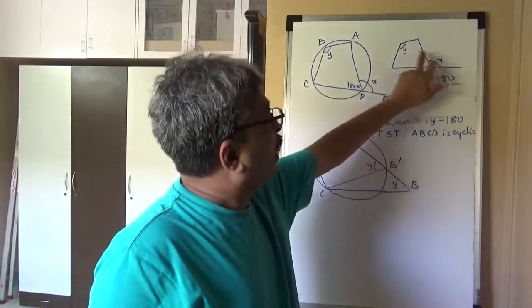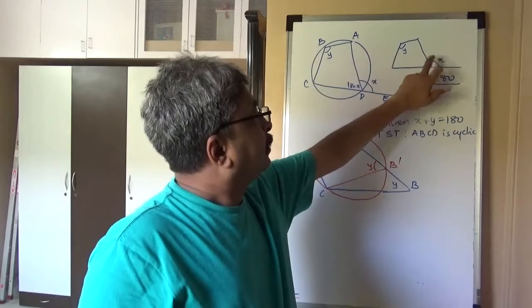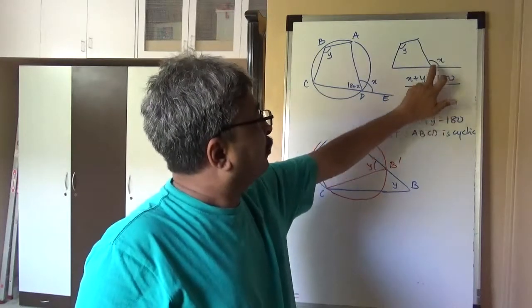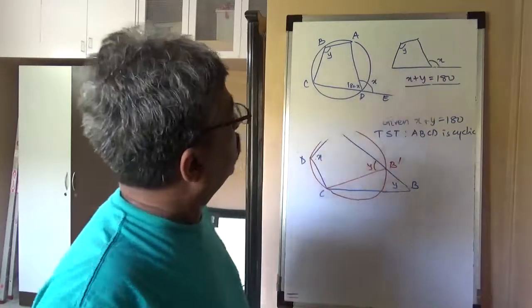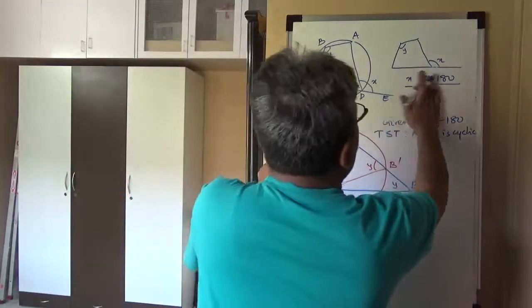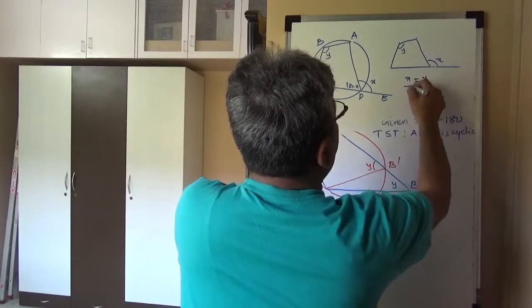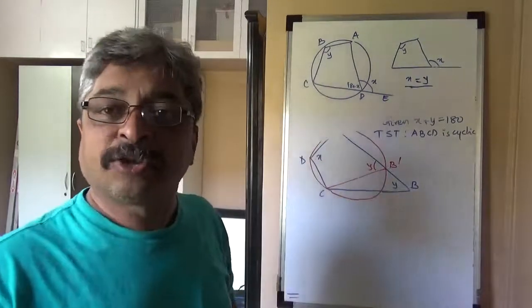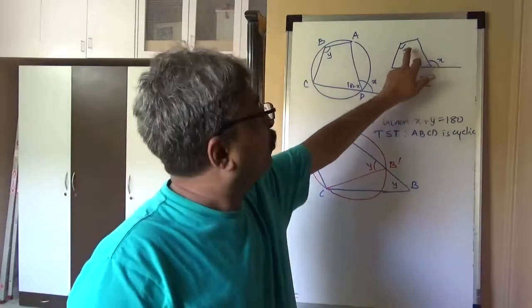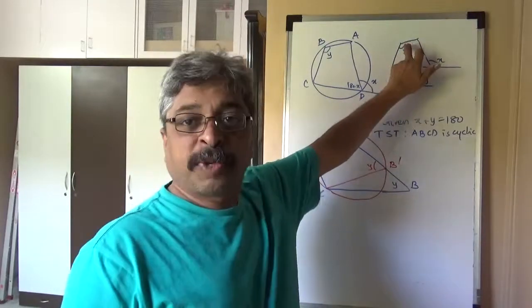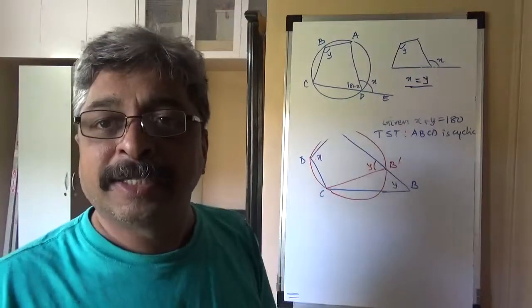That is what is given, x is equal to y, then the quadrilateral has to be cyclic, because then this is 180 minus x, x is equal to y, so 180 minus x plus x is equal to 180, and hence it is cyclic.